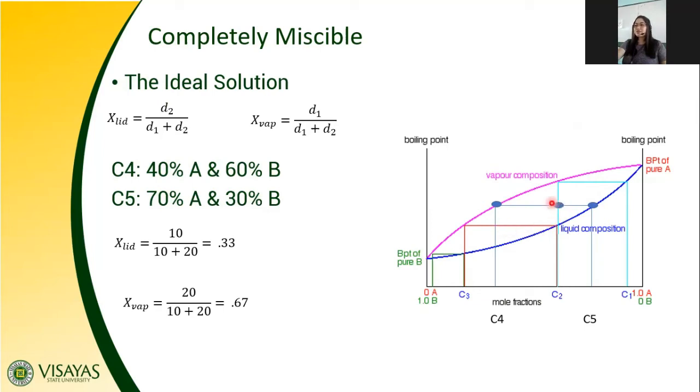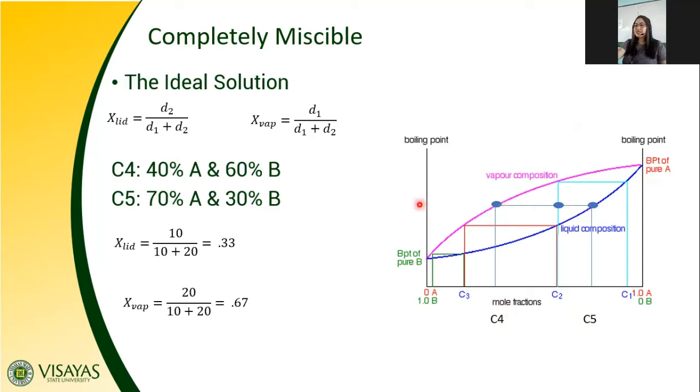At this temperature, you have these two phases. If you draw a horizontal line to its bubble point and its dew point, that gives composition 4 and composition 5.